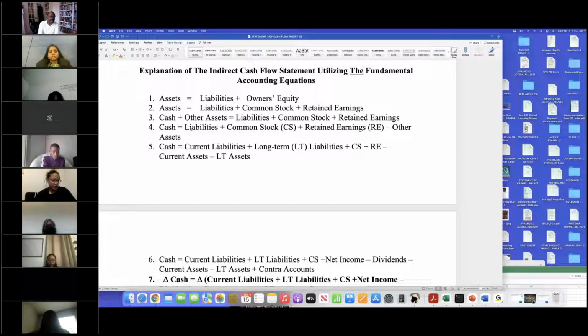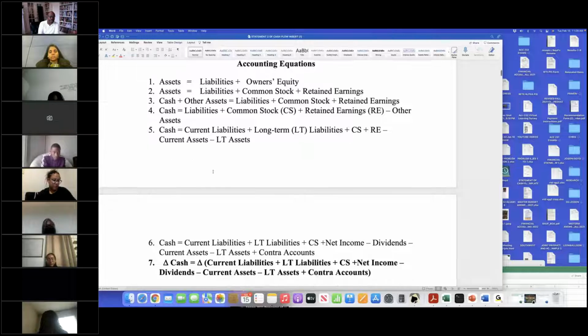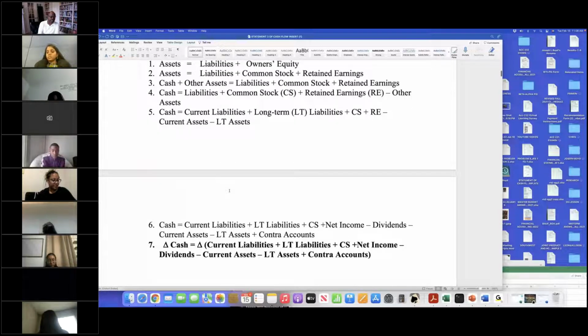And we continued to further break down the various components of all the accounts. And we came up with cash equals the current liabilities plus the long-term liabilities, plus the common stock plus the net income, minus dividends, minus the current assets, minus the long-term assets, plus contra accounts.